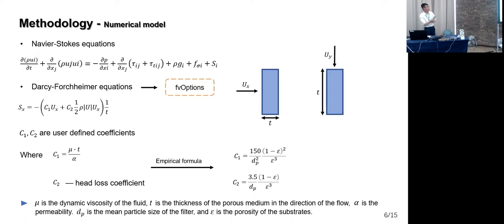And I use these two empirical formulas to calculate the coefficients C1 and C2. In OpenFOAM, we always define these two coefficients in fvOptions.